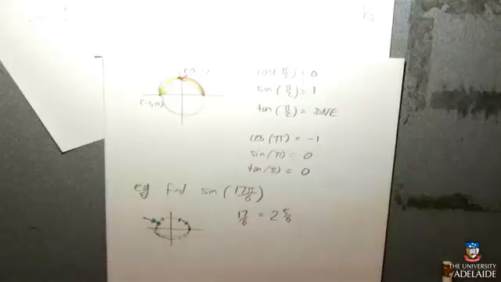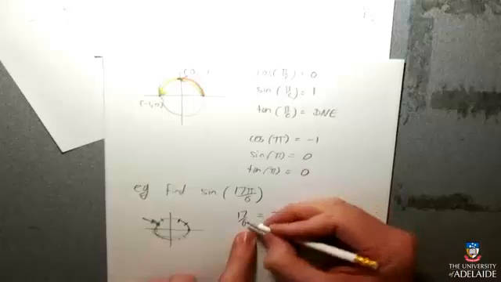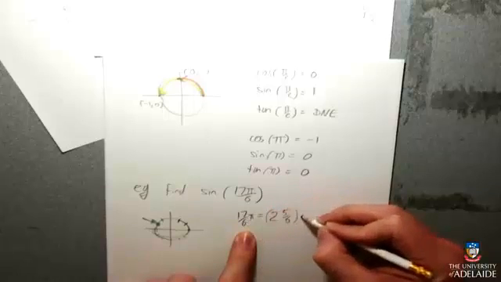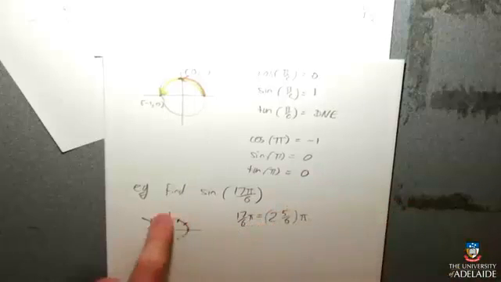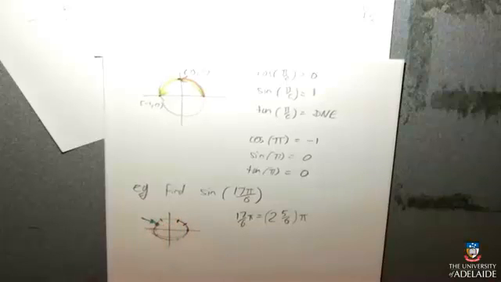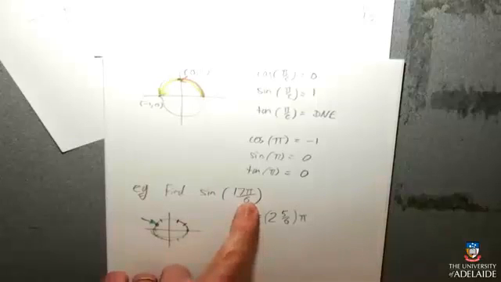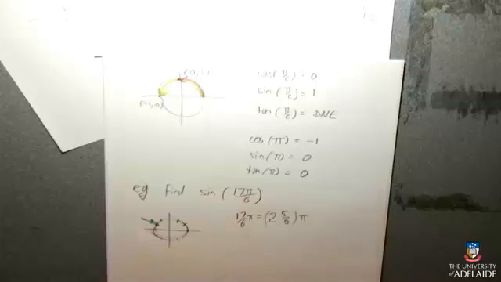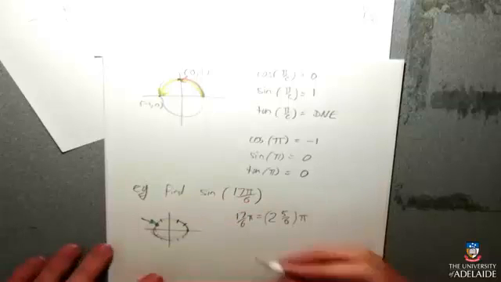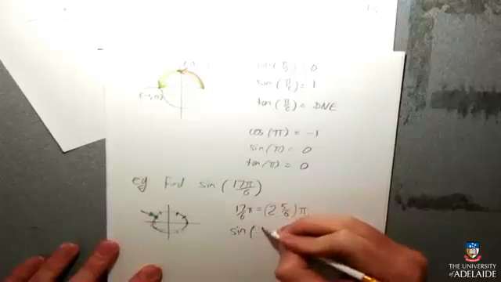And so if I've got 17 sixths of pi, that's 2 pi, which is all the way around, and another 5 pi on 6. So that's another way of doing it. So my first thing I've noticed is that this angle, even though it's a longer angle, the sine will be the same as what it would have been for 5 pi on 6. So far I've gotten this.